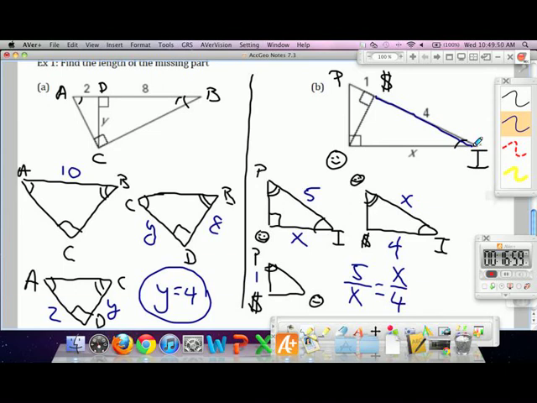It's going to be the driving force behind our second idea. By solving this, you get x is equal to the root of 20, which is 2 roots of 5.